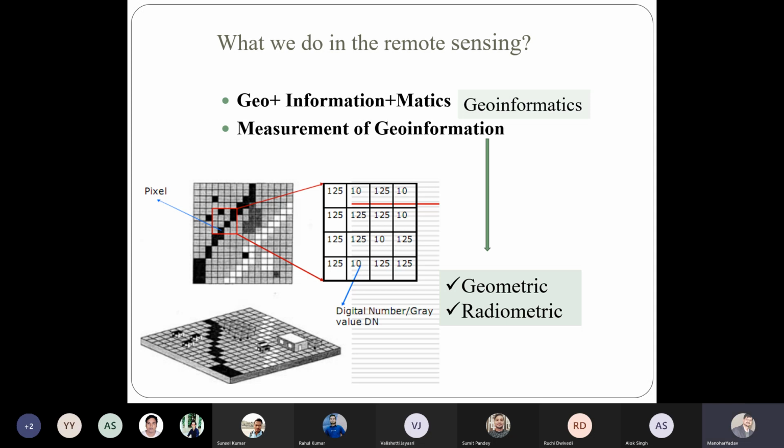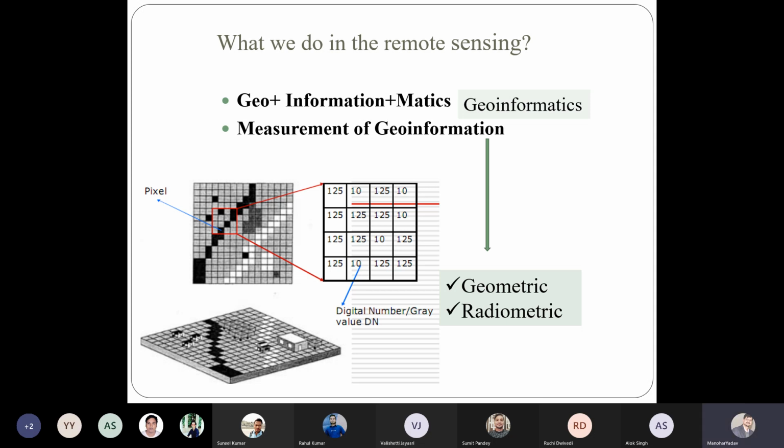So before discussing Unit 1, we will have a discussion on some background for geoinformatics. It's a very obvious query: what do we do in remote sensing? Can anyone tell me? It's a general question.